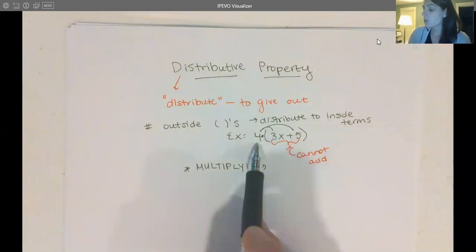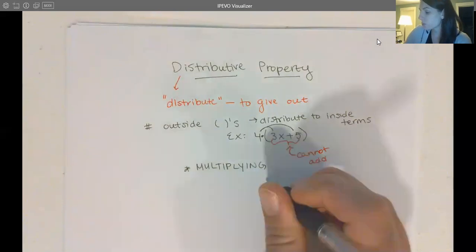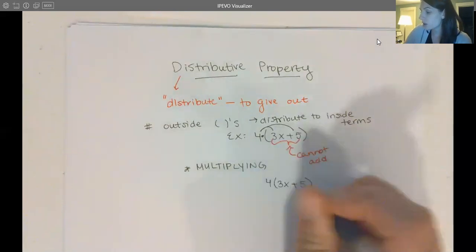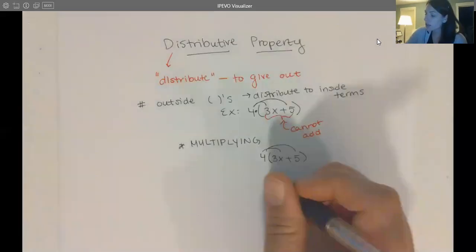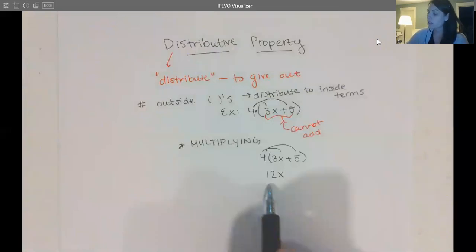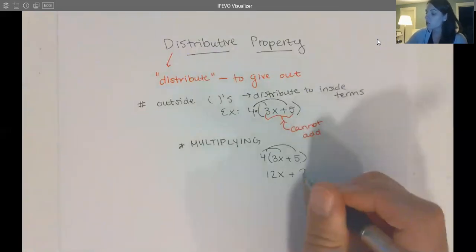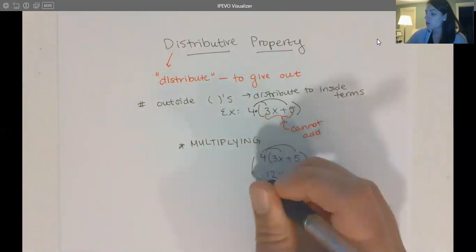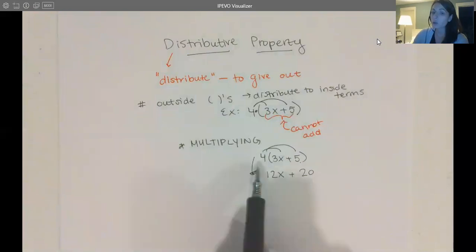So 4 times 3x is going to give me, let me rewrite the problem, distributing that 4 through, 4 times 3x is going to give me 12x plus 4 times 5 is going to give me 20.